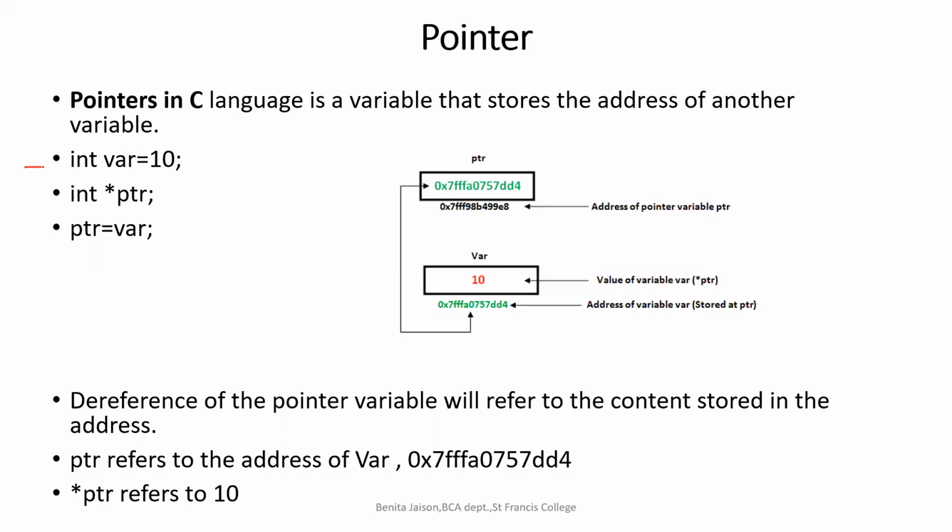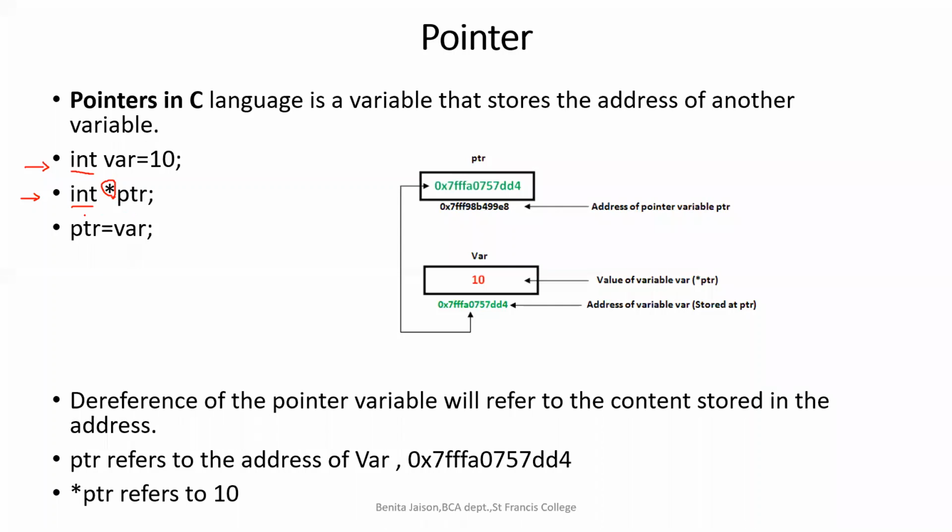Now I am going to declare another variable. Here I declared a variable called VAR. Now I am going to declare another variable called PTR. Here also I am using integer as a data type, but there is a star in between. This indicates it is an integer pointer variable.